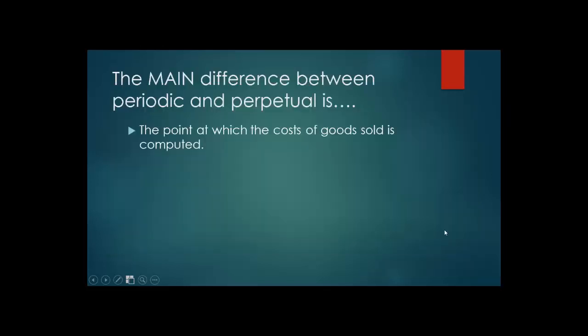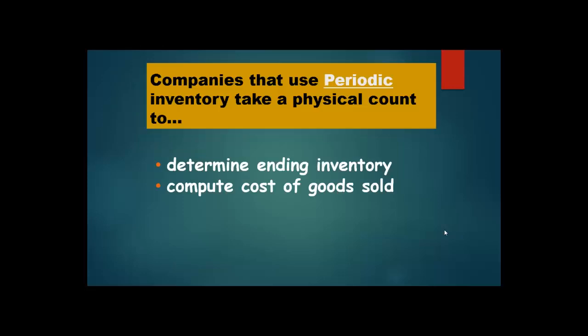All right, the main difference between periodic and perpetual is the point at which cost of goods sold is computed. Companies that use periodic inventory take a physical count to determine ending inventory and to calculate cost of goods sold. They do not know what cost of goods sold is until they determine what their ending inventory is.